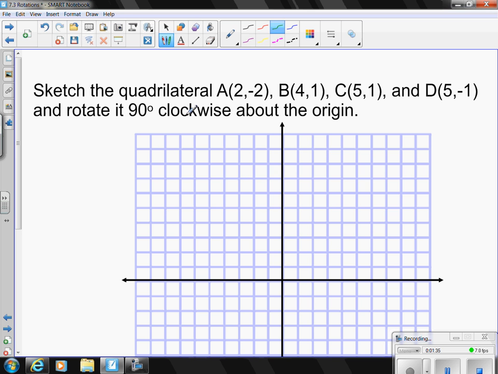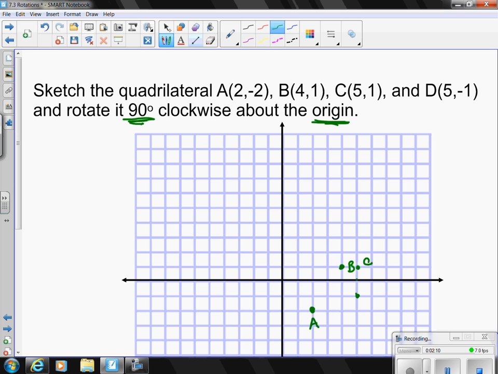Now we're going to do some rotations, and we want to notice the angle is listed and the point of rotation is listed. So now I'm going to plot the points for the pre-image. 2, -2, 4, 1, 5, 1, and 5, -1.